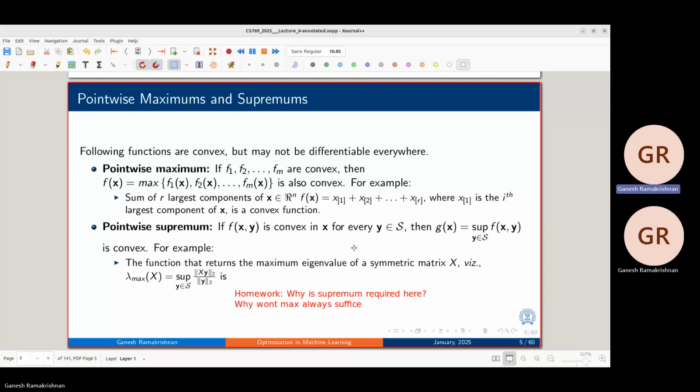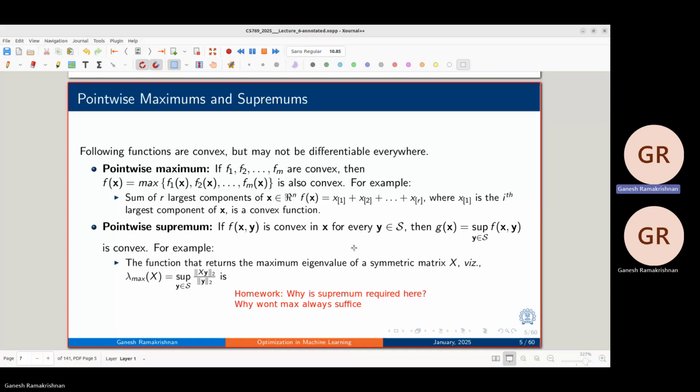So if you have multiple functions which are all convex, just take two for now.